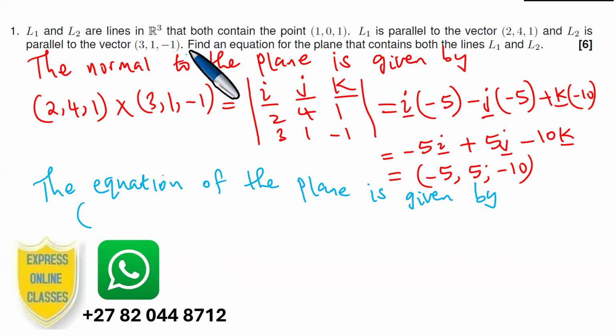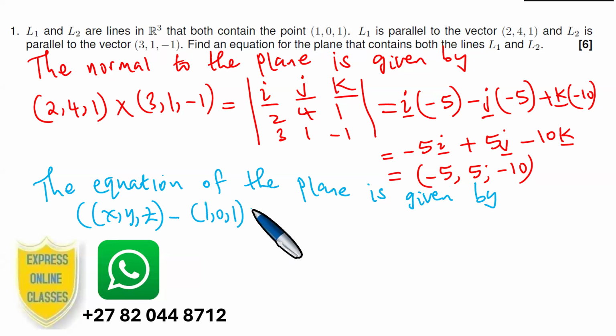We're going to take an arbitrary vector (x, y, z) minus a point (1, 0, 1), dot the normal. In other words, if you take the arbitrary point (x, y, z) with the point (1, 0, 1), because L1 and L2 are lines in R3 that both contain this point. So this point is a point on both lines.